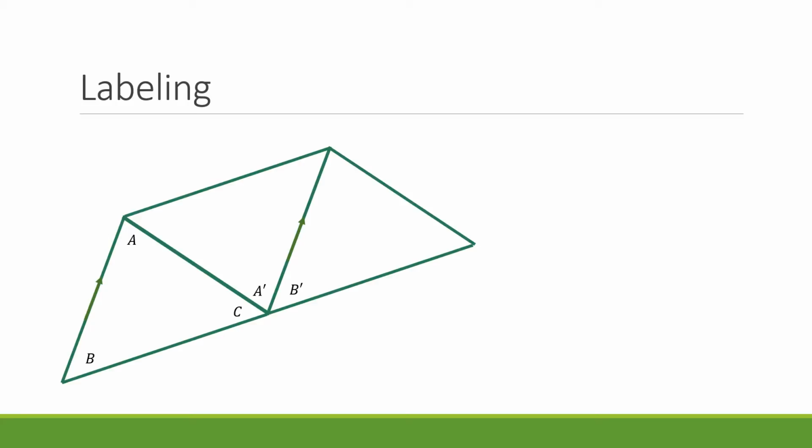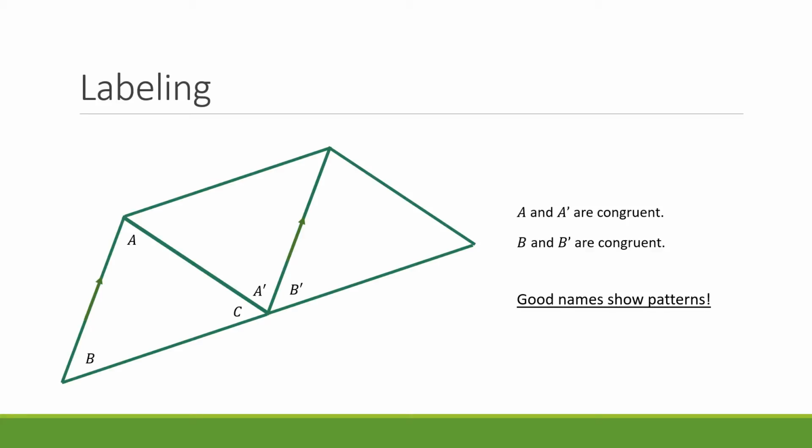The reason I call them A prime and B prime is because A and A prime are congruent, and B and B prime are congruent. I wanted to reflect that they are the same in measurement by making sure the names are similar. One philosophy is to make sure good names show a pattern apparent to the reader.